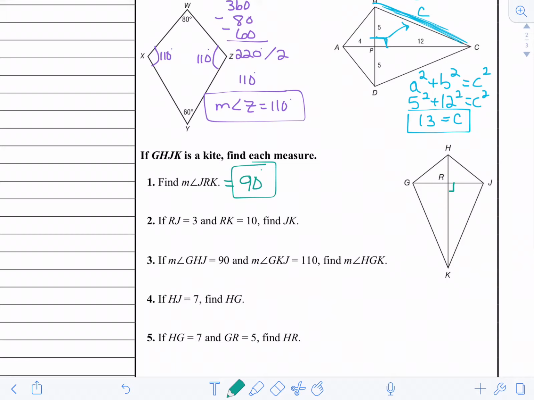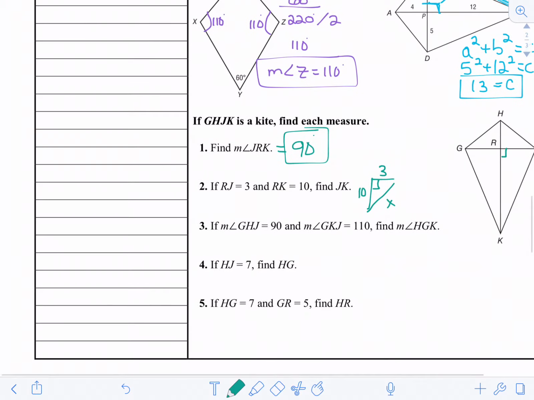If RJ is 3 and RK is 10, find JK. So again, I'll just draw a quick little picture in here. Here's my right angle. It says RJ is 3, so that's this piece. RK is 10, that's this piece. Find JK, so there's X. Pythagorean theorem. A squared plus B squared equals C squared.